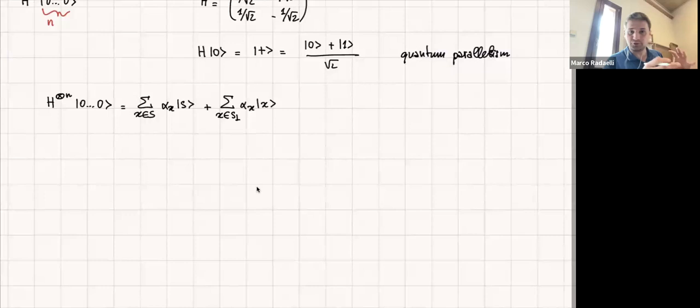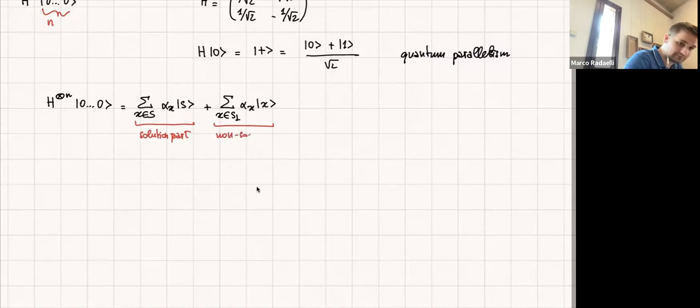So basically what we do is decompose the initial state, the uniform superposition of all the items, in two parts. This part is the solution part. This part is the non-solution part.